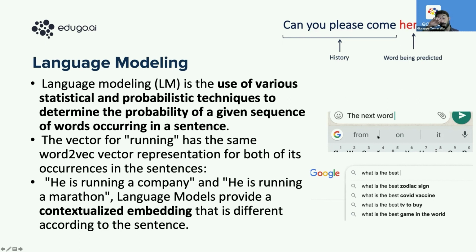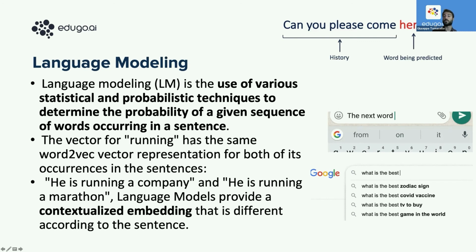These kinds of language models are used in many of the tools we use every day, for example text prediction when you're chatting, or in Google, which uses a lot of text prediction to help you write a better or faster search.